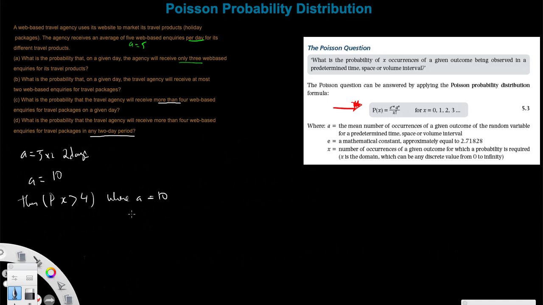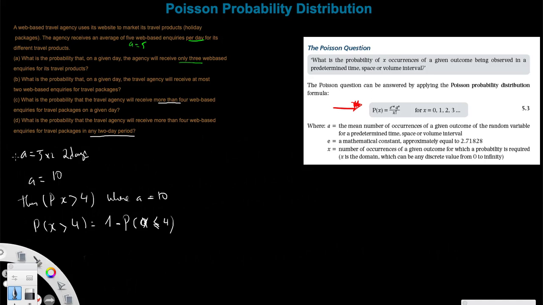And we know again that the probability of x, anything they say more than 4, is just the complement of x less than or equal to 4, because more than 4 means that we need to go and do 5, 6, 7 and so on. We don't know where to stop.